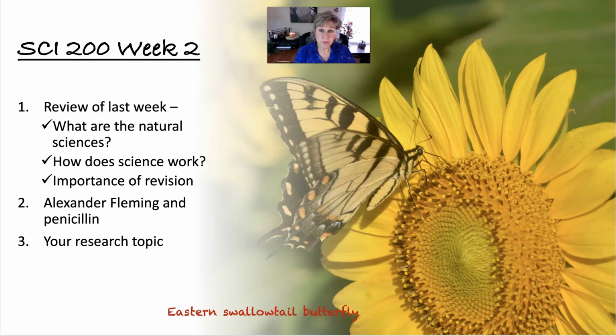Well, other people were interested in this because they could see applications for it. Couldn't we use this in people? If it's not harmful to people, couldn't we use it to kill the bacteria that are causing an infection in them? Other scientists ran with this idea. They tried to grow lots and lots of this mold to isolate enough penicillin to give to people.